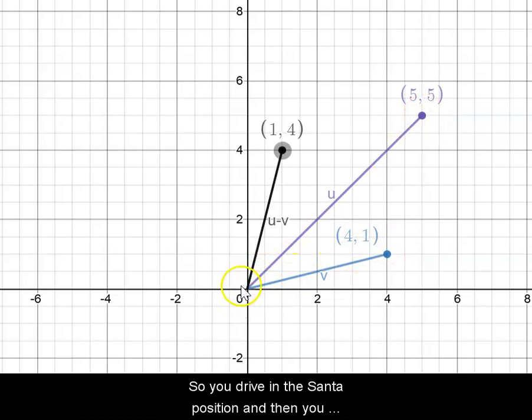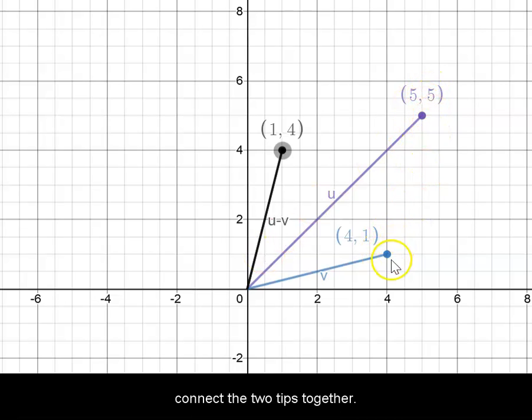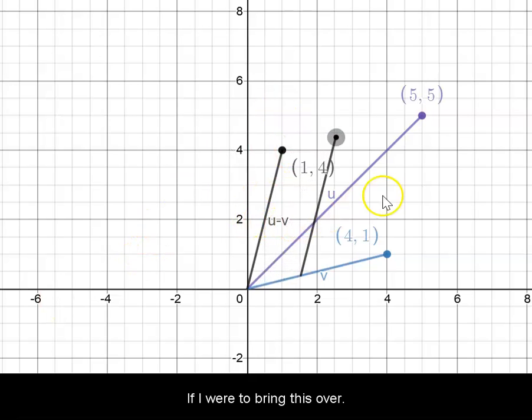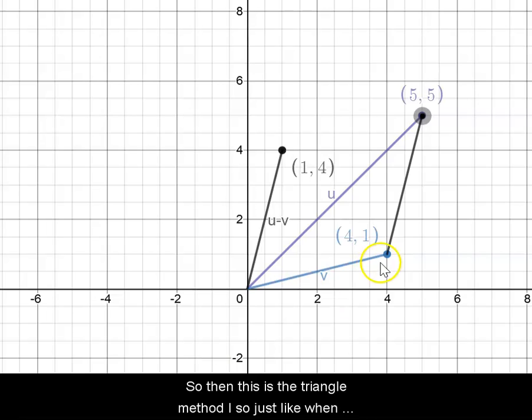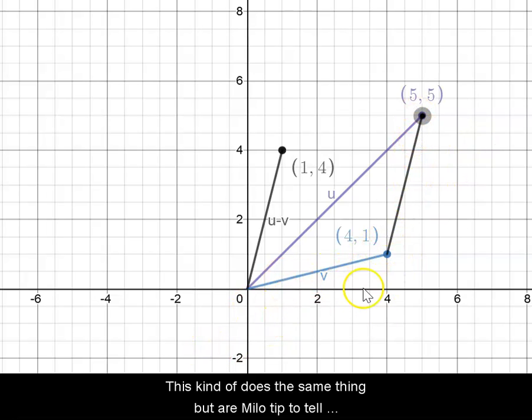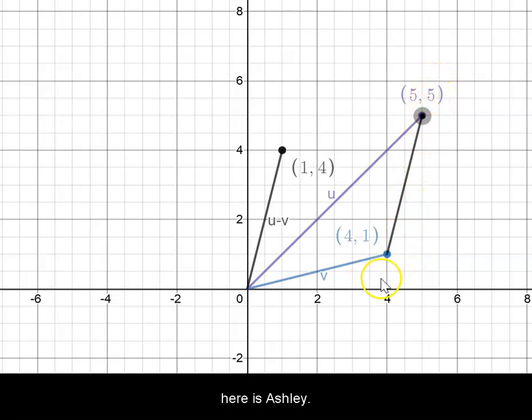So you draw it in the standard position, and then you connect the 2 tips together, and that's the same as subtracting your vectors, okay? So notice if I were to bring this over, it lines up perfectly, right? So then this is the triangle method, right? So just like when we're adding, we had tip to tail. This kind of does the same thing, but my little tip to tail here is actually the subtraction resultant that I was looking for, okay?